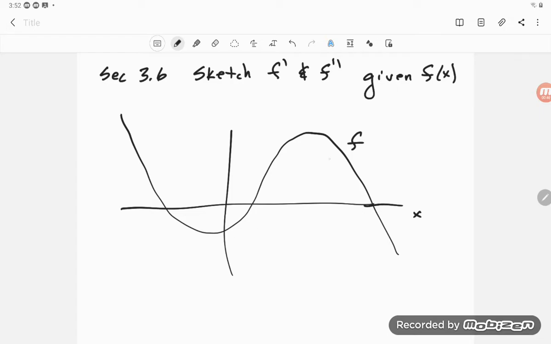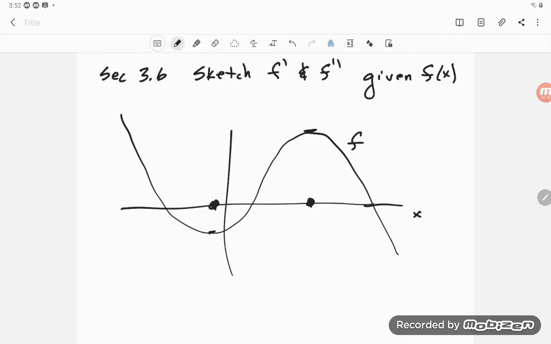Now, if I want to sketch f prime of x, I look for particular things like, here is a critical number, and there is a critical number, because the derivative is 0 there and there. So I know that the derivative will be 0 there and there, so I can fill in those points.